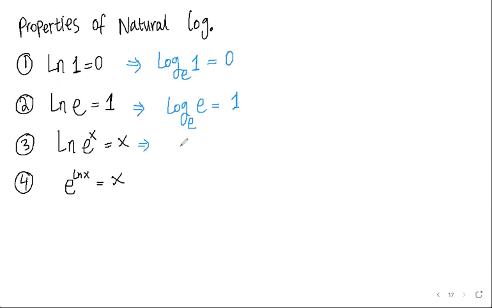Here, this is equal to log of e to the power x to the base e, and like the logarithm properties, this is equal to x. And here the same thing, e to the log x to the base e is equal to x, using the same property for logarithm. Any question? Any question for the natural logarithm?